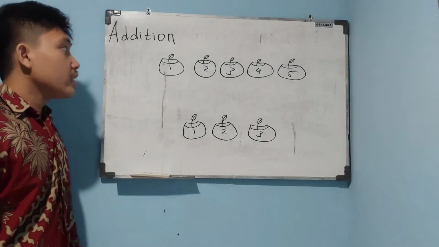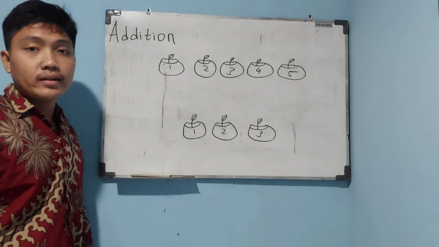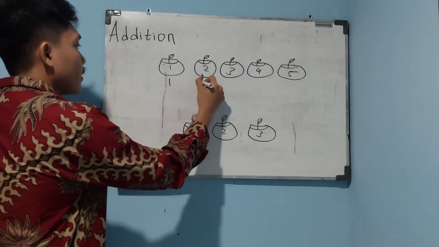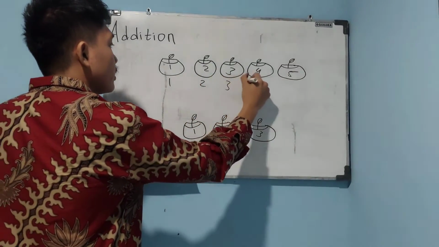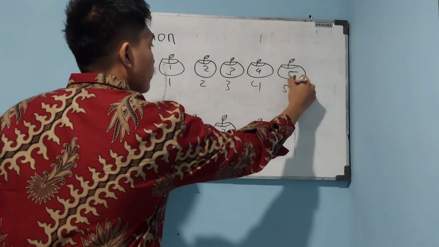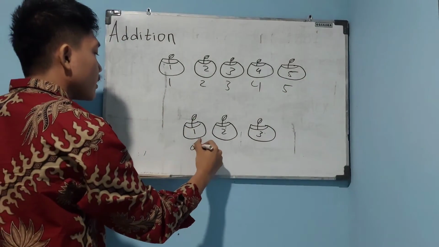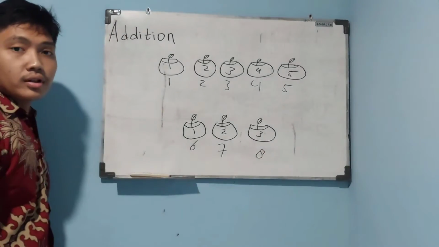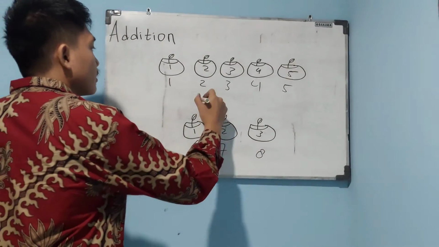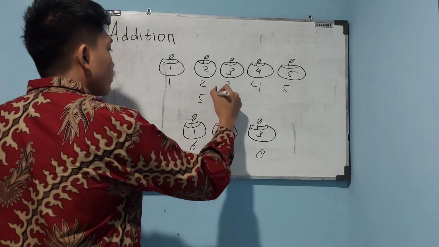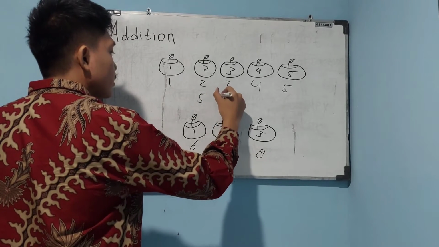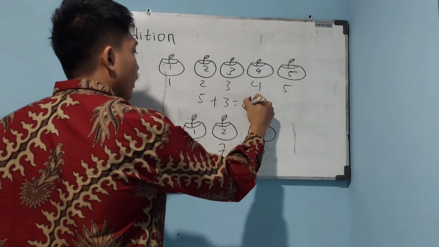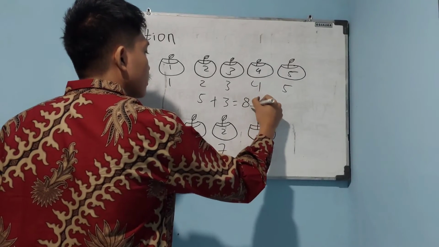So in addition, you can combine all of the oranges and it becomes 1, 2, 3, 4, 5, 6, 7, 8. So the conclusion is 5 oranges plus 3 oranges equals 8 oranges.